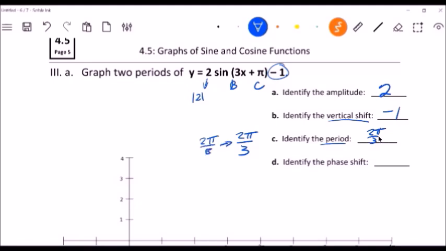And then the phase shift is c over b, which is pi over 3, because b was 3. So the phase shift is pi over 3. Okay, so that's how much it would move from its original main spot. This is what I want to look at focusing on, 2 pi over 3.